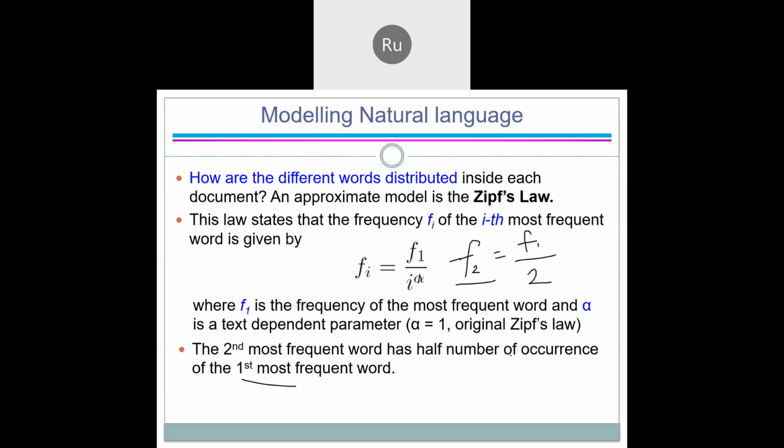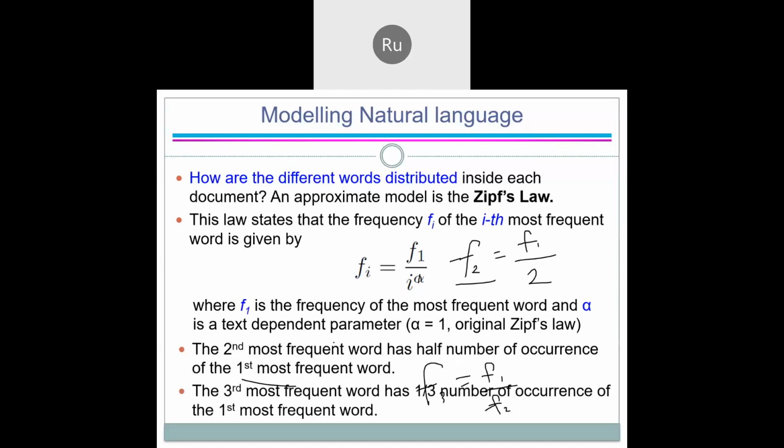It occurs less frequently because you divide by 2. If you have 3, and this is your F1, you divide again. The meaning here is that the frequency of the words is going down.